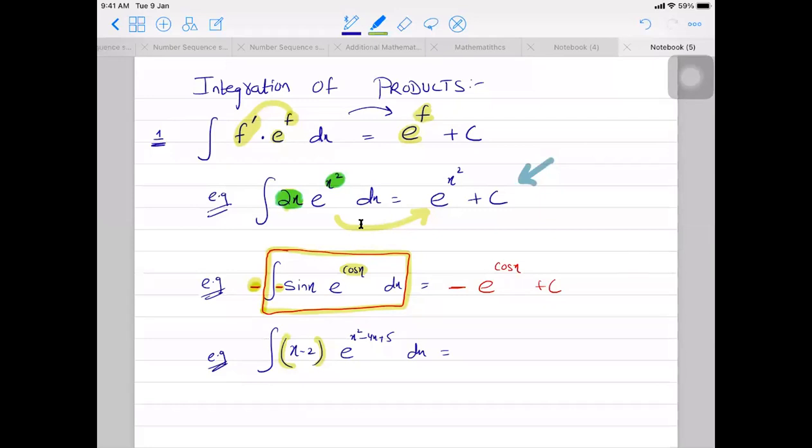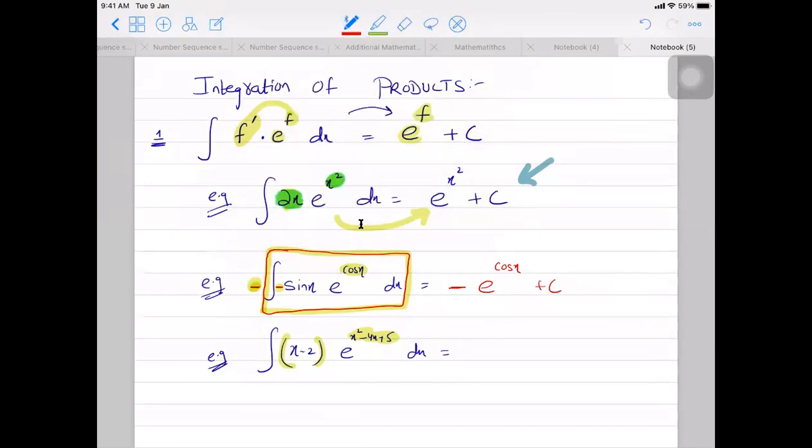Now I just have to check whether it conforms to the product rule that we are studying. The differentiation of the function x square minus 4x plus 5 is going to be 2x minus 4. So right now I have x minus 2. If I just multiply or divide by a constant value, can I get the differentiation of the power over here?